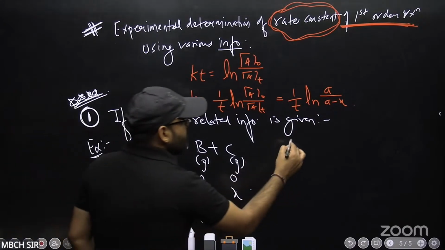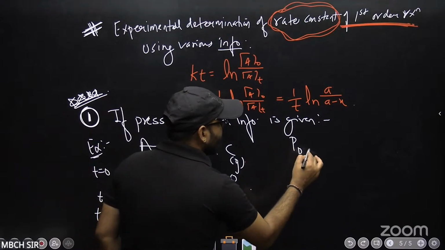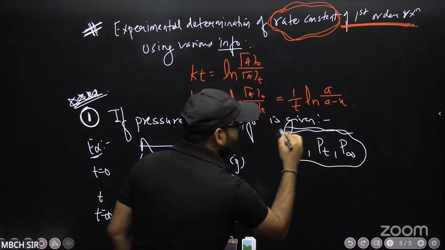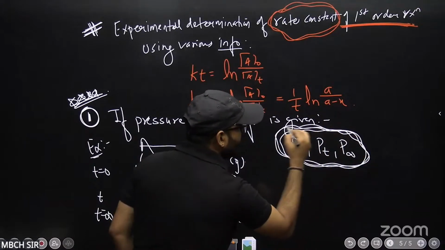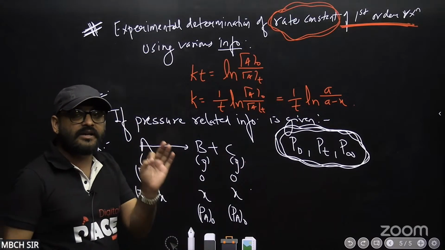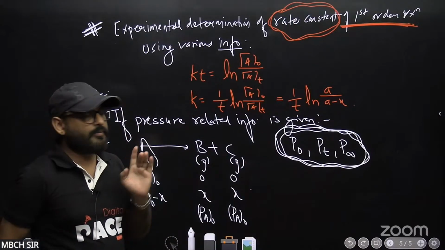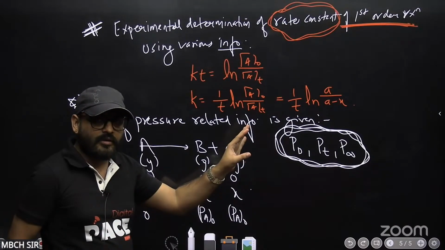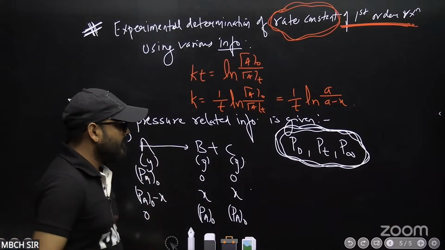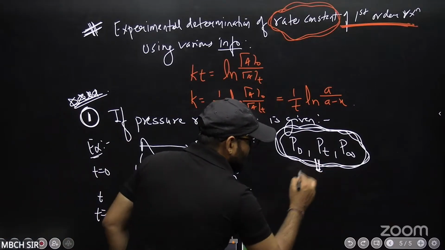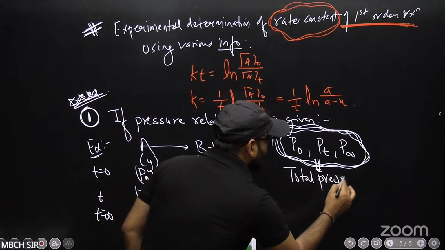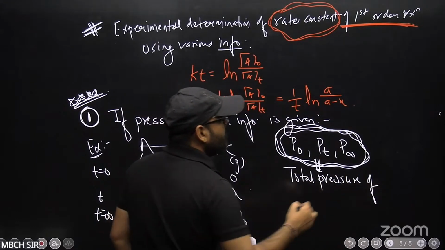Now, you would be given three types of data, P naught, Pt, and P infinite. Third and most important thing for this topic: this P naught, Pt, and P infinite do not represent individual pressures. Then what do they represent? They represent the total pressure of the container.